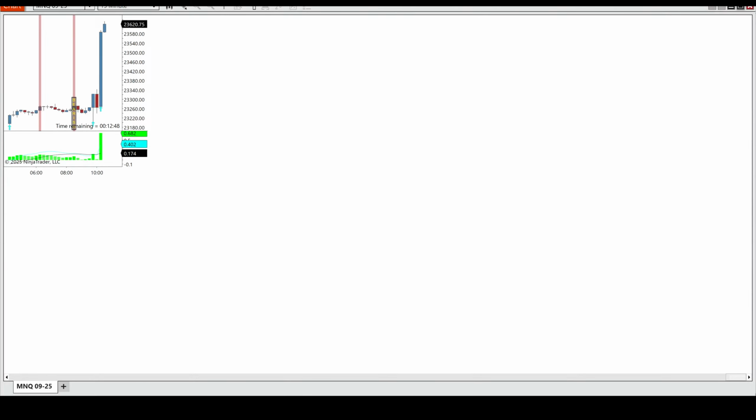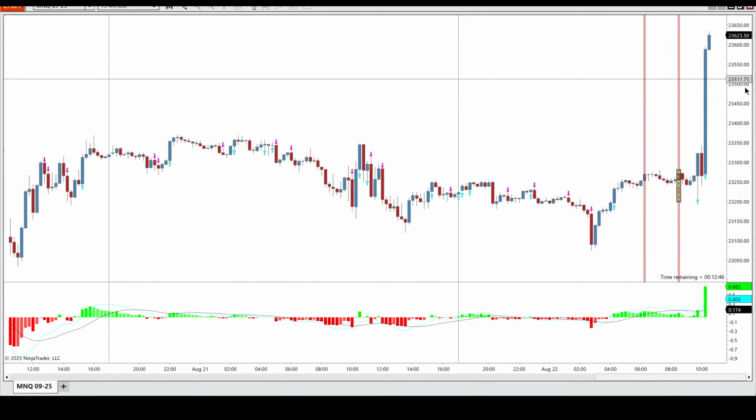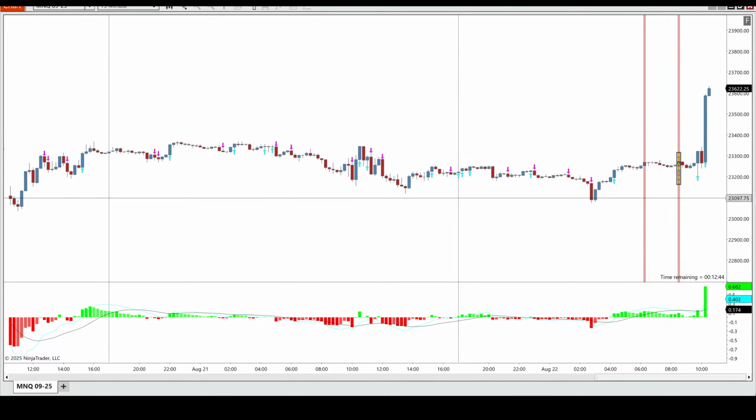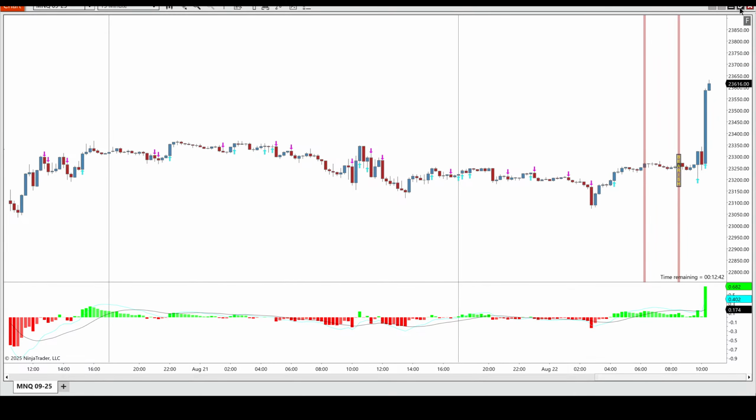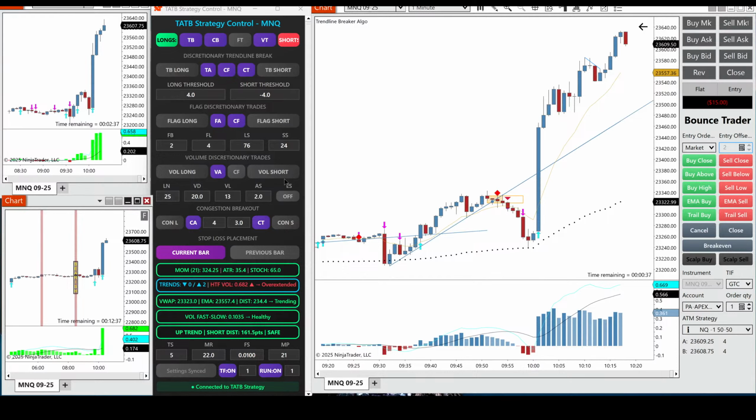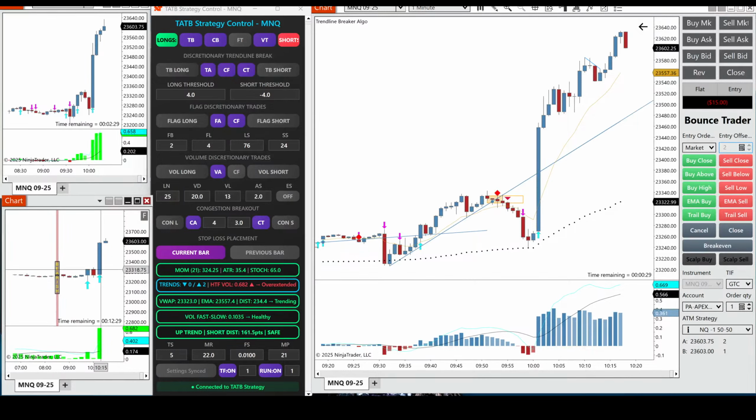Let's see where we are. Oh, see, so it marked on this trend line 15-minute closed, and it shows us volume up on 15-minute.